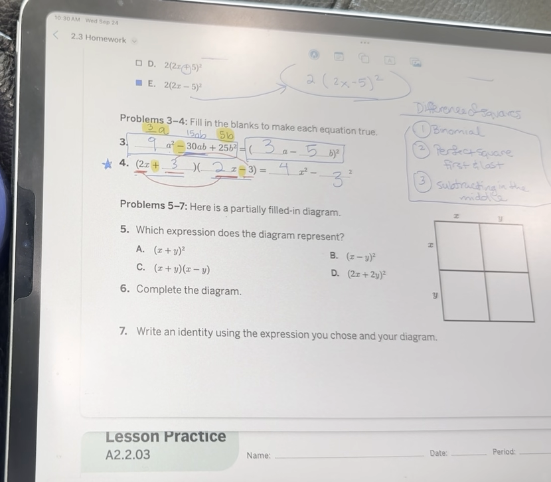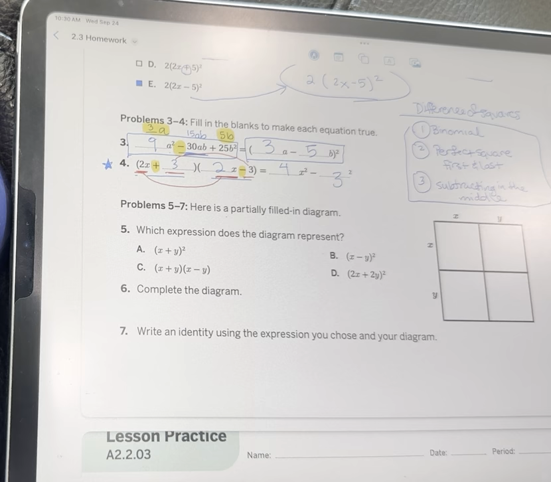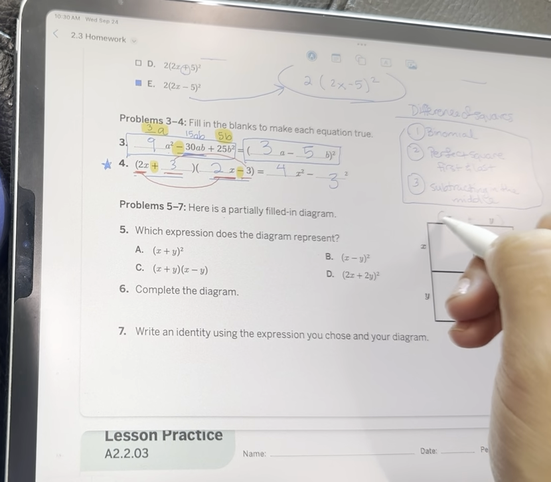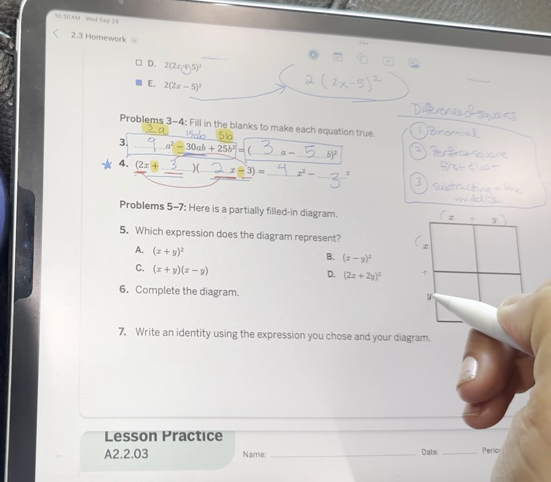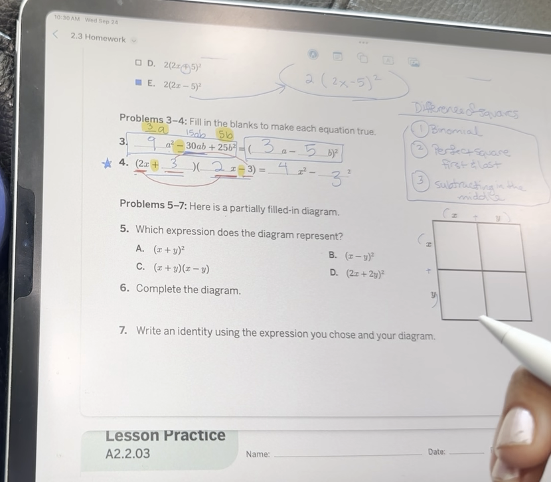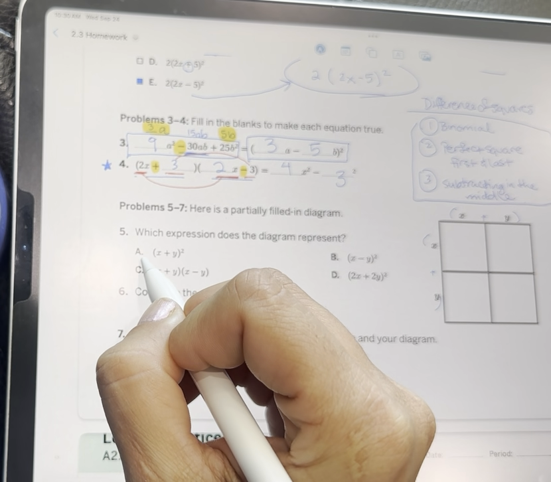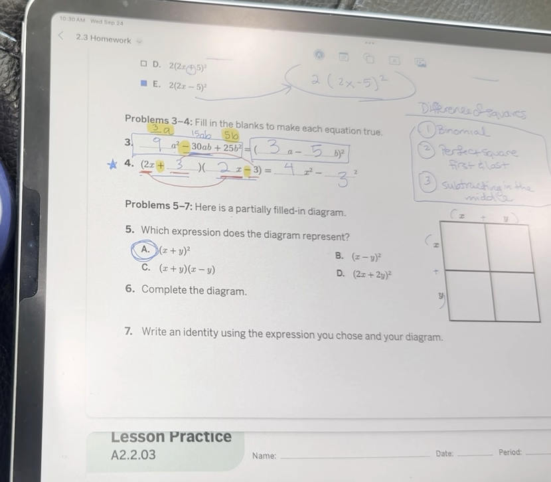Here's a partially filled in diagram. Which expression does this diagram represent? Okay, this is saying x plus y times x plus y. So that is x plus y squared. Okay. They want me to complete the diagram.